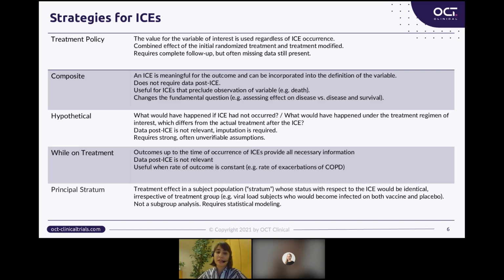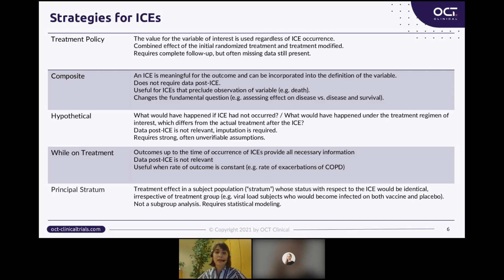In a parallel group study, it is not possible to directly identify the stratum the subject belongs to, since each subject receives only one treatment, and their status with respect to the occurrence of intercurrent event on the other treatment is not known. Therefore, membership of principal stratum must be inferred, usually imperfectly, from covariates using statistical modeling.